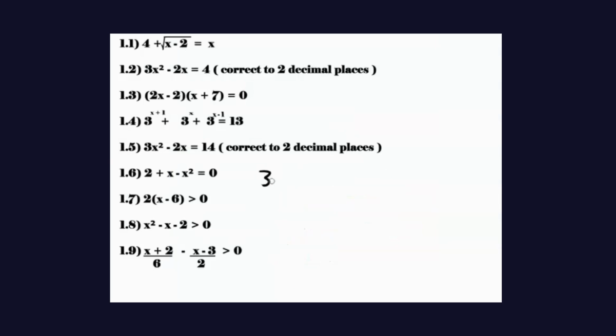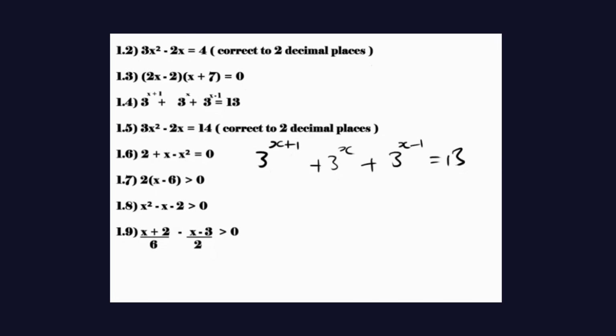So on question 1.4, it says 3 to the power x plus 1, plus 3 to the power x, plus 3 to the power x minus 1. So here basically we are doing exponents. Let's try to put this in a basic format.